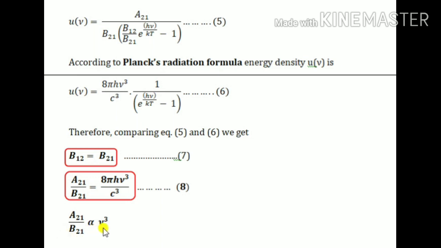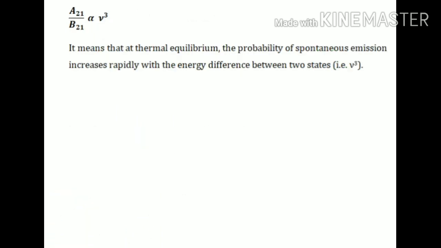Nu is the frequency of the photon, and we know that the energy difference of the two levels, E2 minus E1, is equal to h nu. So this ratio is directly proportional to the energy difference of two levels. It means that at thermal equilibrium, the probability of spontaneous emission increases rapidly with the energy difference between two states.